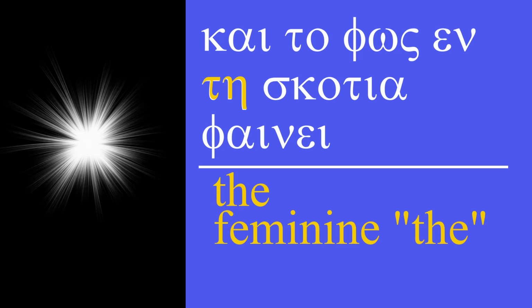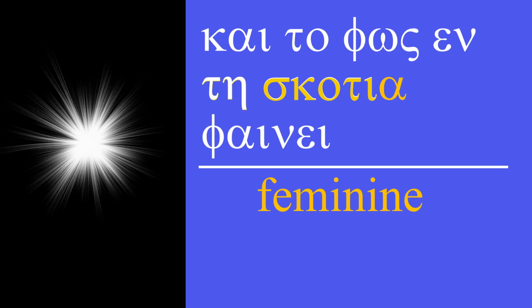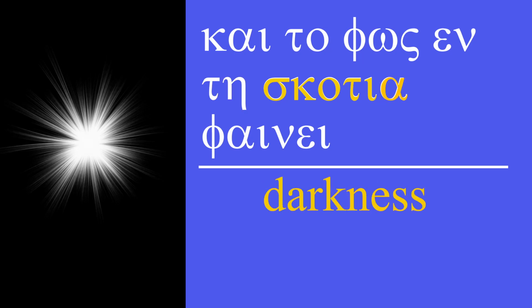We know the next word, en, which is the little word that could, is in English. The next word is another definite article. Ti is the feminine version of the. The word the here indicates that the next word, skotia, is a feminine noun. Skotia means darkness. Mnemonic devices or memory devices are very helpful for remembering vocabulary.